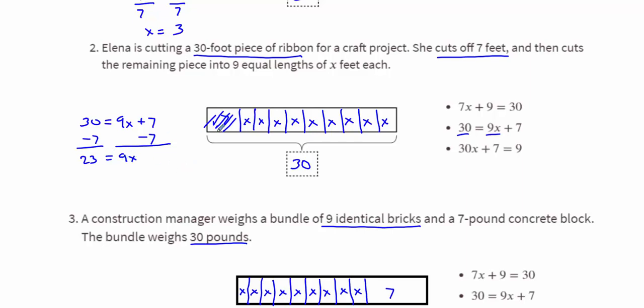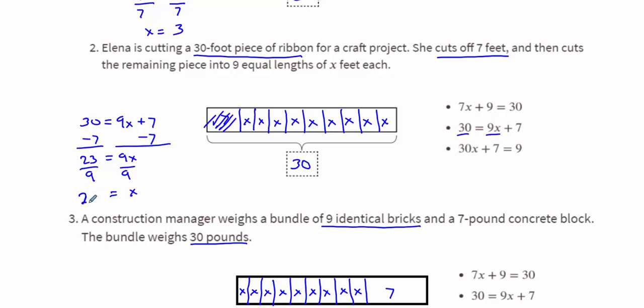So 9 times something is 23. If I take this 23 now and divide it by 9, that will tell me what 1x is. That's going to tell me what 1x is, which is 23 ninths. Or if I want to change that into a mixed number, 9 goes into 23 2 times, which is 18, with 5 left over.